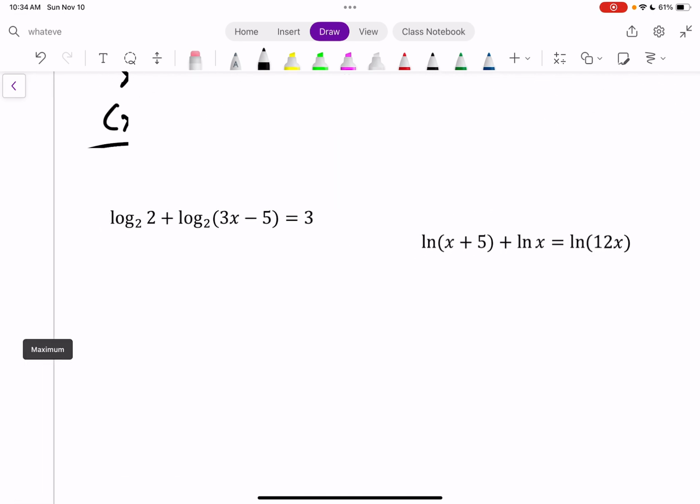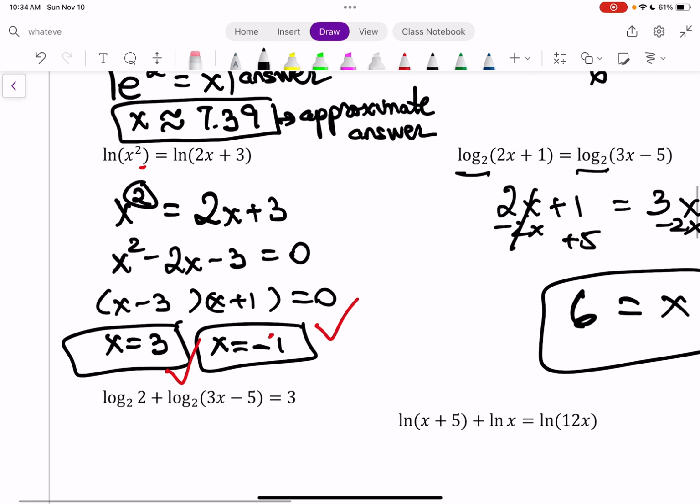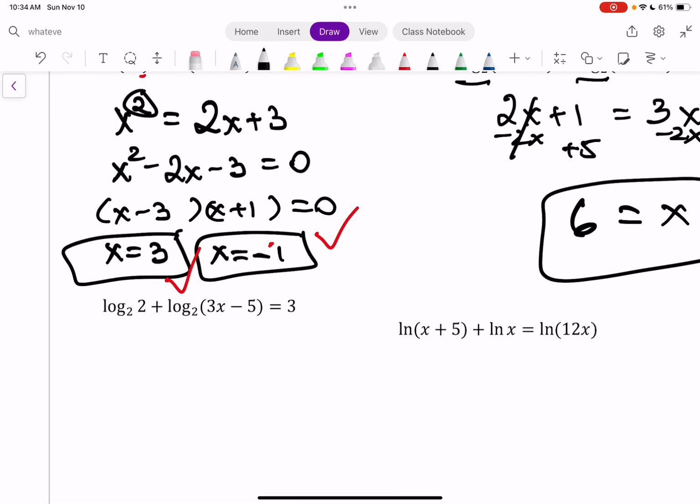Now, what do we have here? Well, we have way more than just one log. You can't just drop the logs whenever you please. It's only if a log equals a log, and not log plus log equals log. So don't just drop the logs as it is. However, what we're going to do in all these problems is combine our multiple logs into one single log.